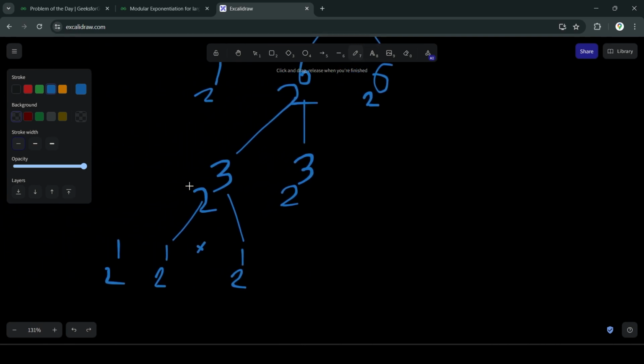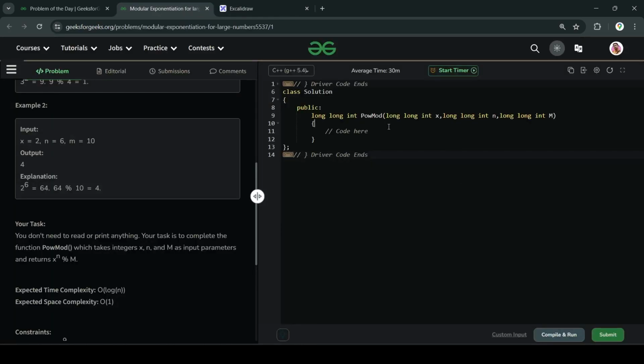So let us try to write the code. Let us declare our answer variable, long int answer, that will be equal to 1, and let us keep our x within the limit. How can we do that? Basically, x will be x mod m.